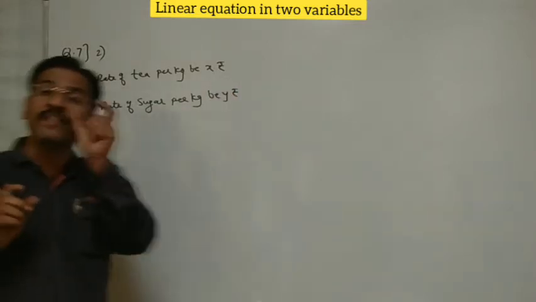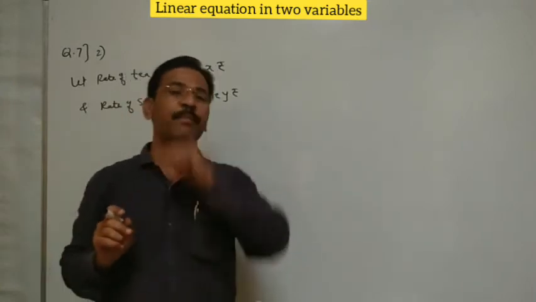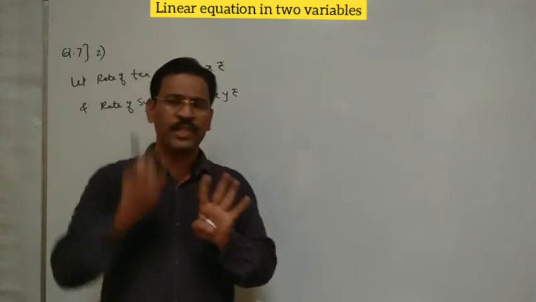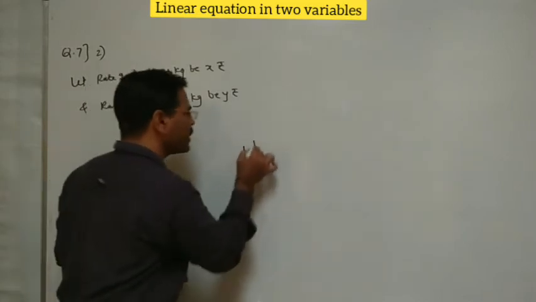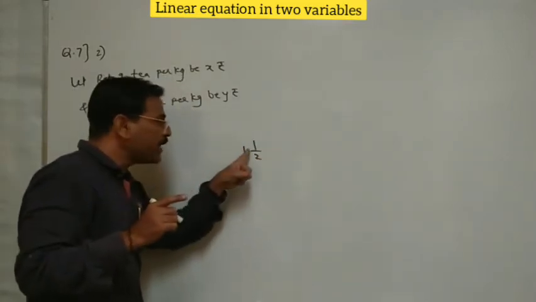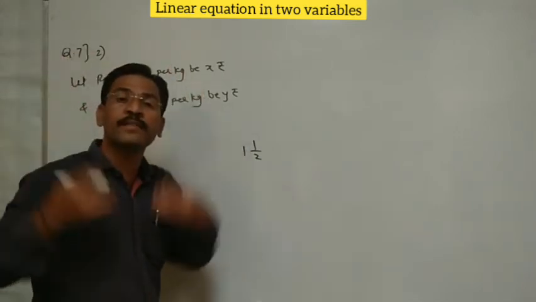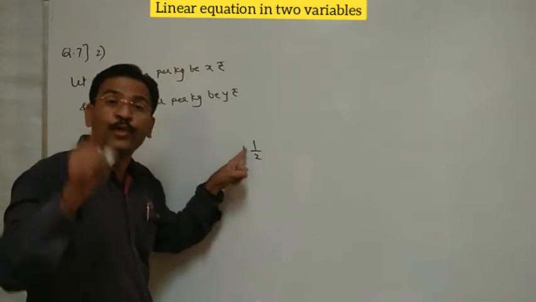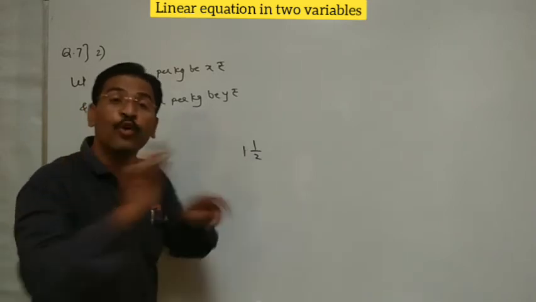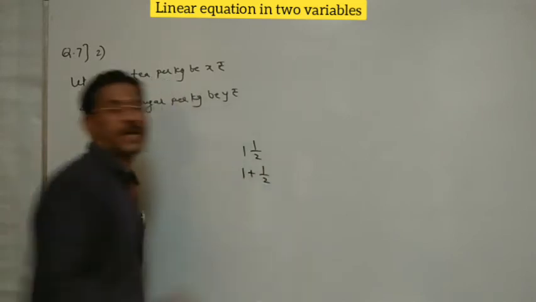Now look here. What is our first condition? 1.5 kg tea powder. 1.5 kg means what? What is the sign in between these two? So many students give the answer that it is the product sign, multiplication. No. In between there is a plus sign.